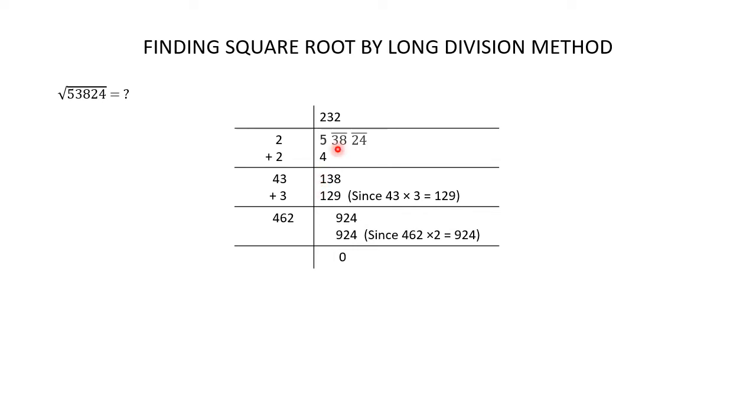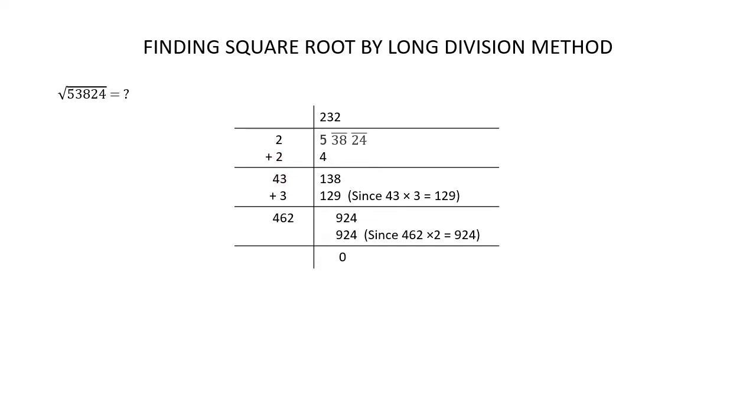Next bring down the next group, that is 38. When you bring down 38, the new number will be 138. Since you had written 2 in the quotient place, you have to add 2 to the divisor. 2 plus 2 is 4.